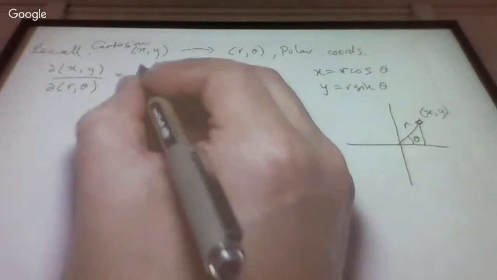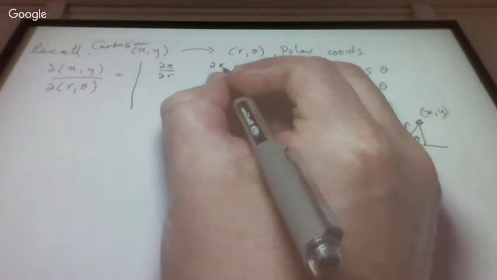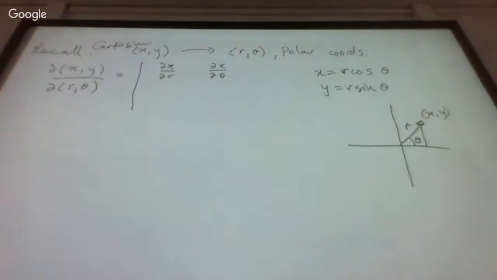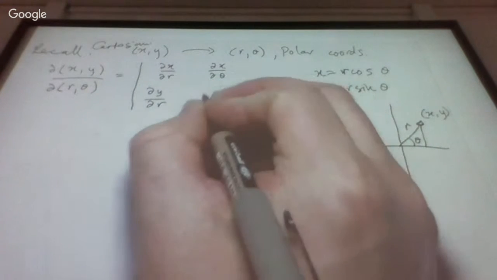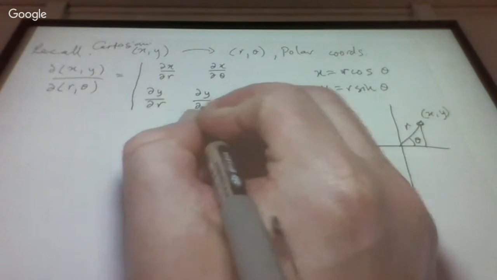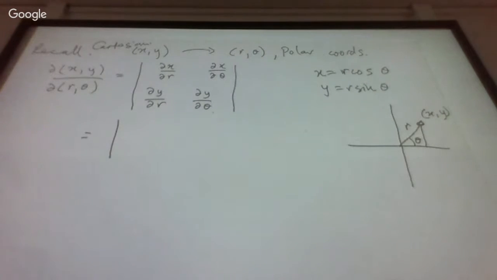By definition, the Jacobian is the matrix of partial derivatives, with dx dr and dx d theta on the first row. The first old variable x indexes the first row, then the second old variable y indexes the second row: dy dr, dy d theta. That gives us a little 2 by 2 determinant involving r's and cosines.